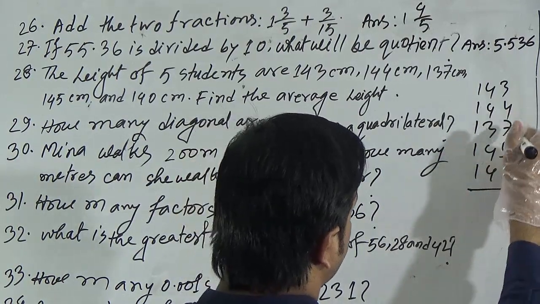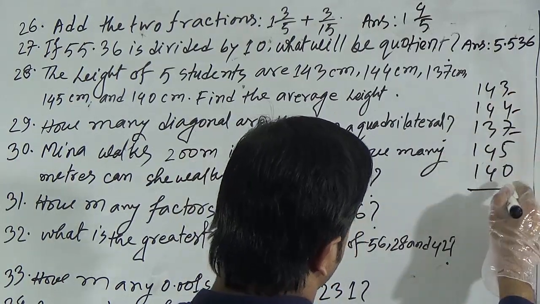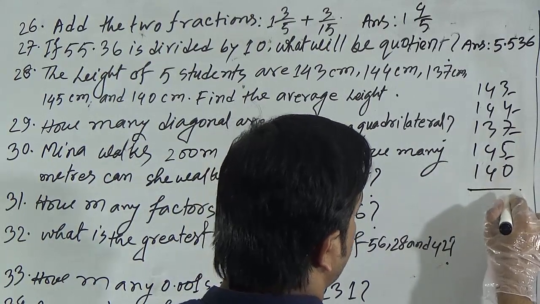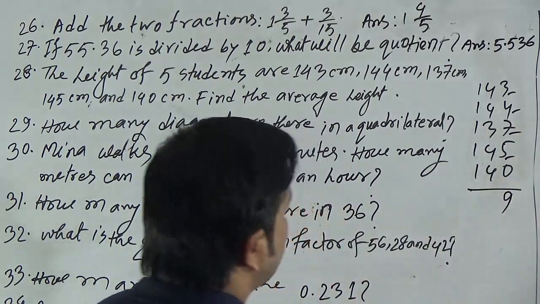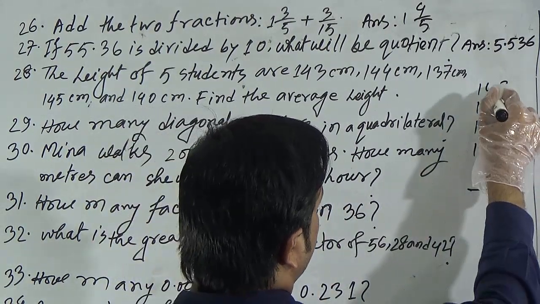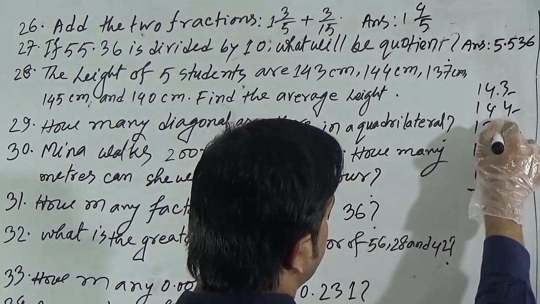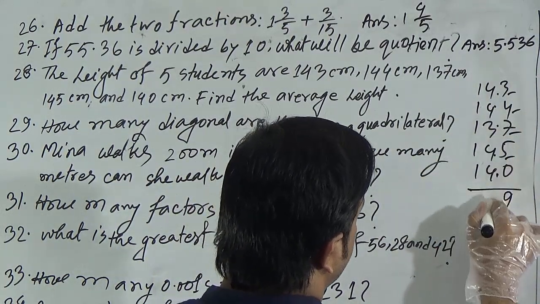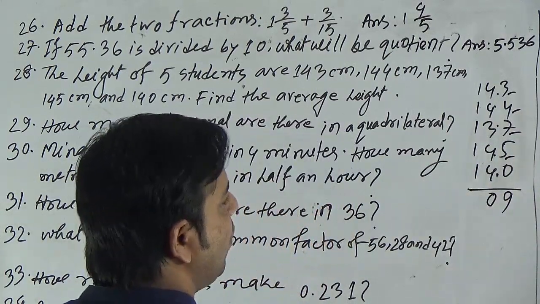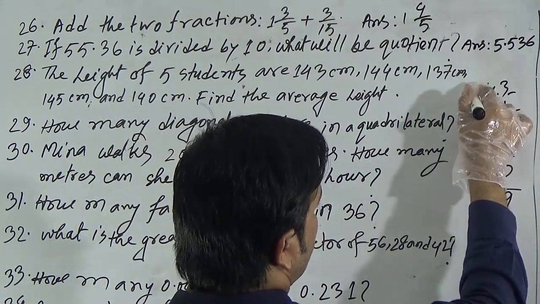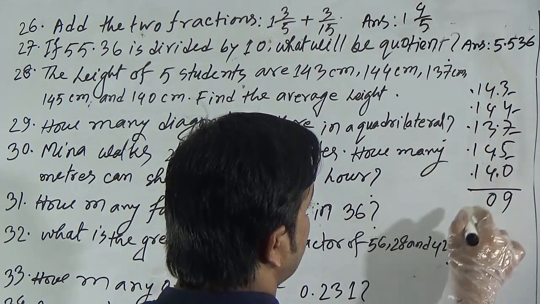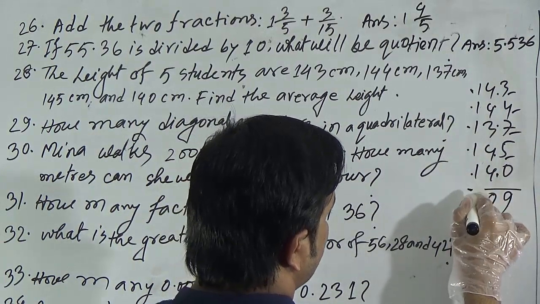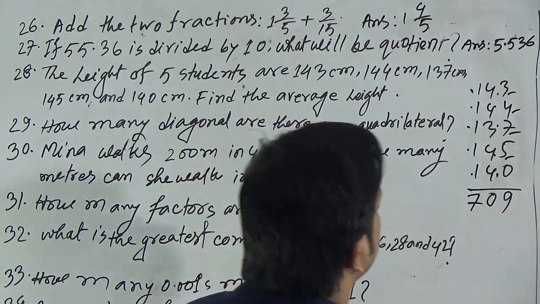If we add, we will get 3, 4, 7, 7, 7, 14 and 5, 19. So 1 left, 4, 4, 8, 3, 11, 4, 15, 4, 19 and 1, 20. So 2 left, 5 and 2, 7.